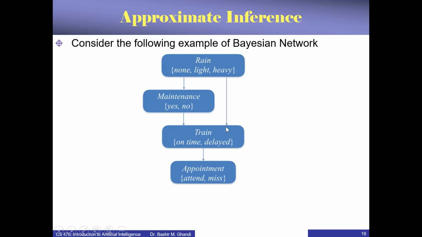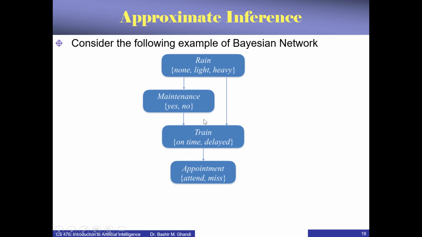Here there are 2 factors. The train may be delayed because there may be maintenance on the rail track. If there is some maintenance on the rail, then the train may be delayed. Similarly, if there is rain, especially heavy rain, then again the train may be delayed.